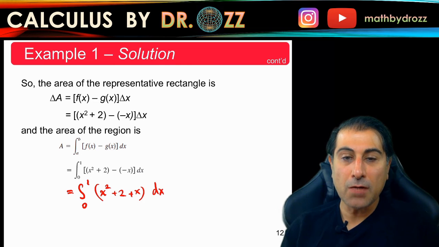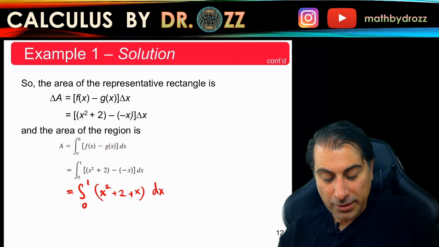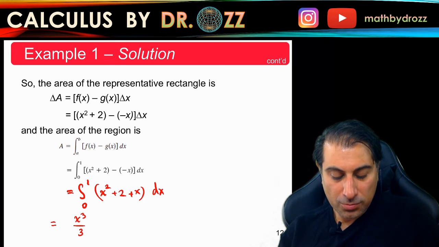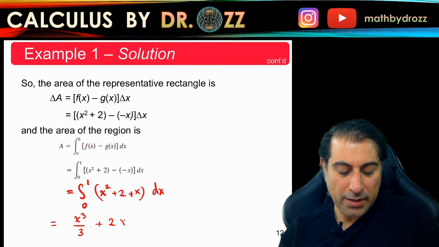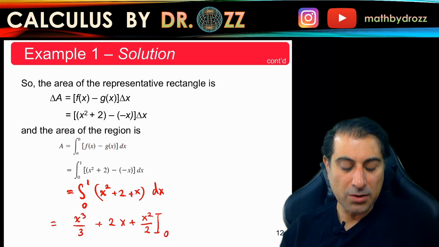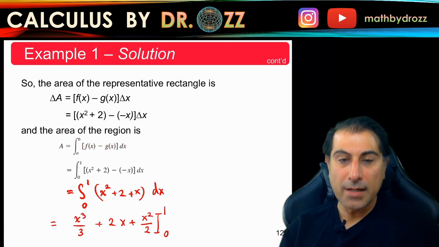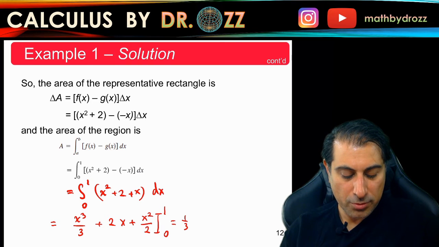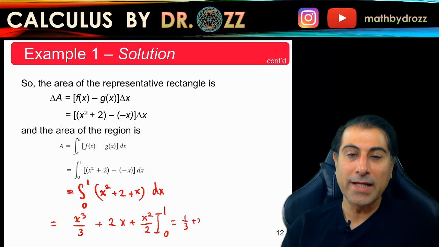And we have the power rule for integration. That is x cubed over 3 plus 2x plus x squared over 2 from 0 to 1. And if you substitute the upper limit, you have 1/3 plus 2 plus 1/2.